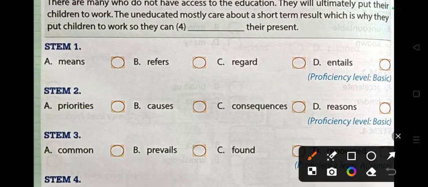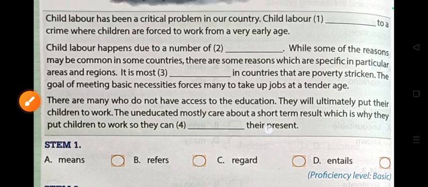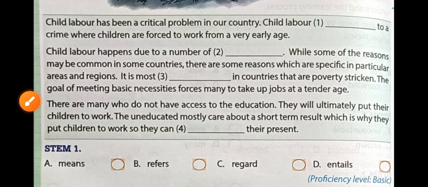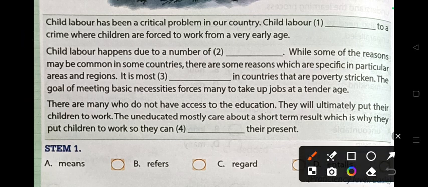So reason is the correct option here. Due to a number of reasons, while some of the reasons may be common in some countries, there are some reasons which are specific in particular areas. It is most common in countries that are poverty stricken.